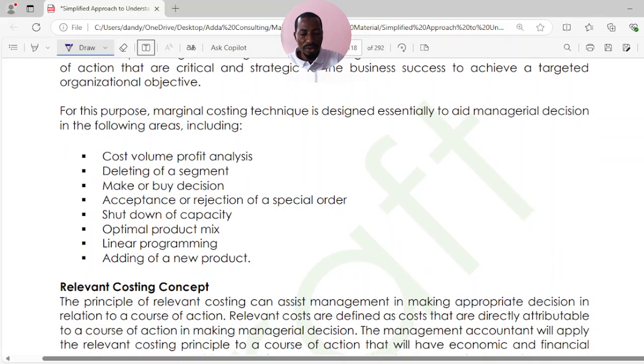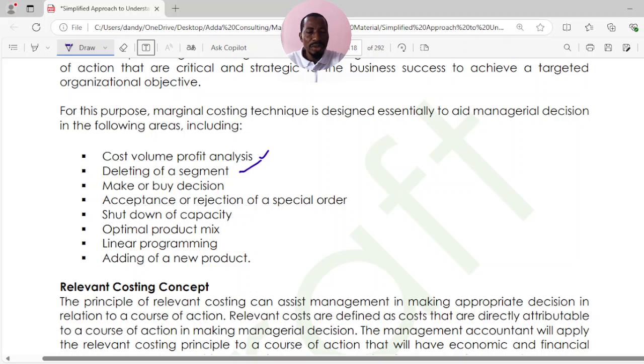So for this purpose, marginal costing technique is designed principally to aid managerial decisions in the following areas. Look at what I mentioned earlier today that I listed. These are the areas in which you can apply marginal costing concepts to aid managerial decisions. Under cost volume profit analysis, you can use marginal costing, and that's why we are separating fixed cost from variable cost. Under deleting of a segment, when a company wants to discontinue a particular unprofitable segment, you need the concept of marginal costing.